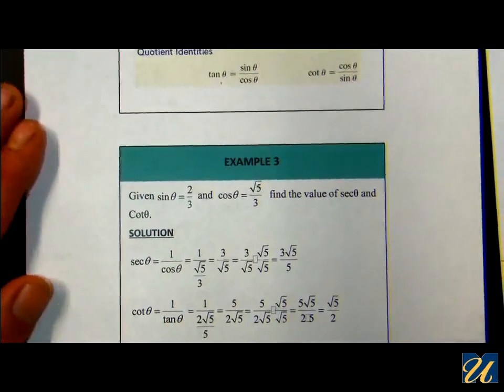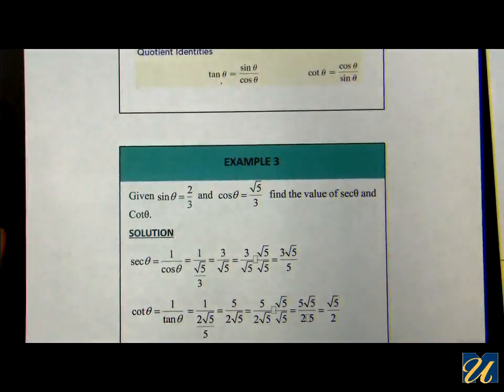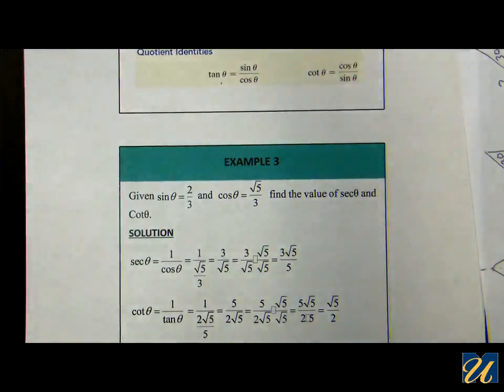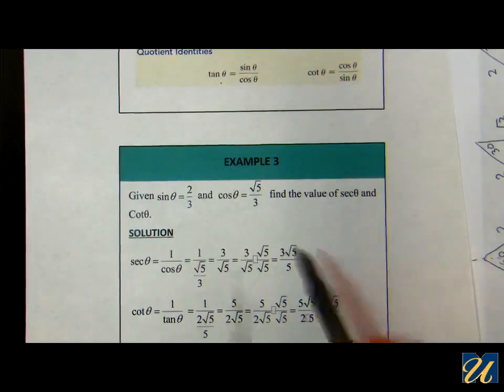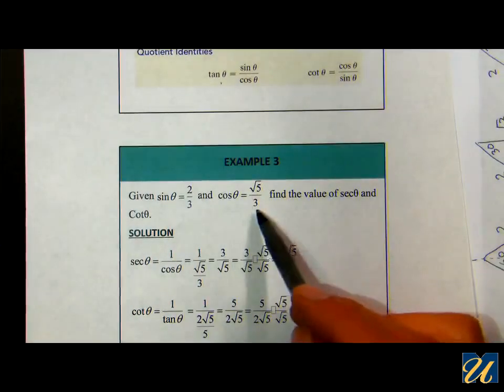Let's look at an example 3. Given the sine to be 2/3 and the cosine to be square root of 5 divided by 3, find the values of secant of the angle and cotangent of the angle. The secant is the reciprocal of the cosine, and we're going to use that definition because we have the cosine already given.